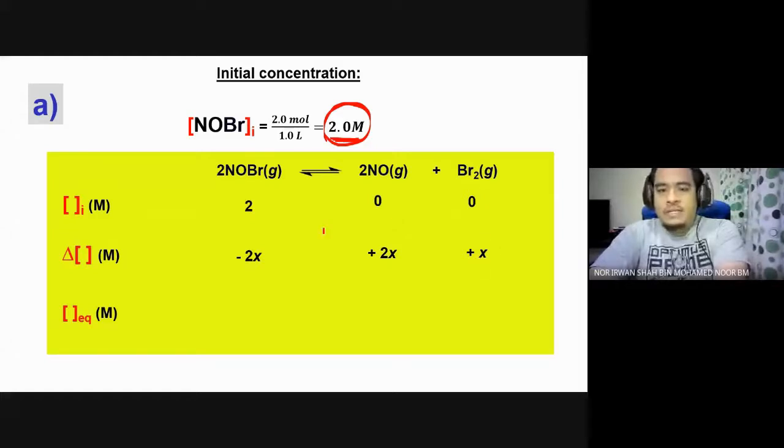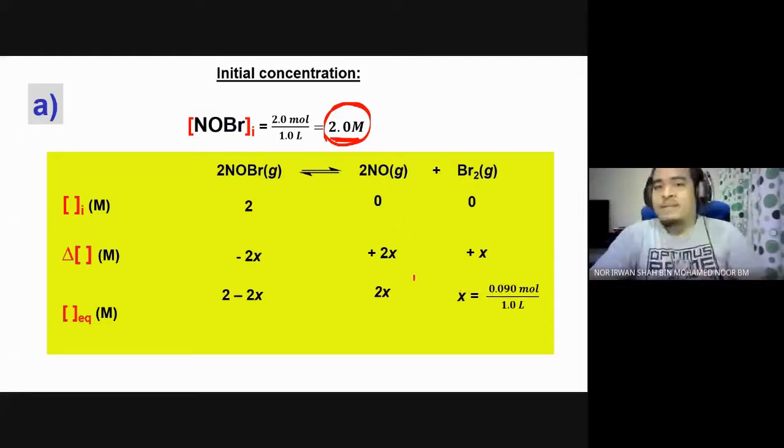Okay, and these three changes are going to happen until all of these three gases reach equilibrium. And at equilibrium, the equilibrium concentration of nitrosyl bromide would be 2 minus 2x, nitrogen monoxide 2x, and bromine x.